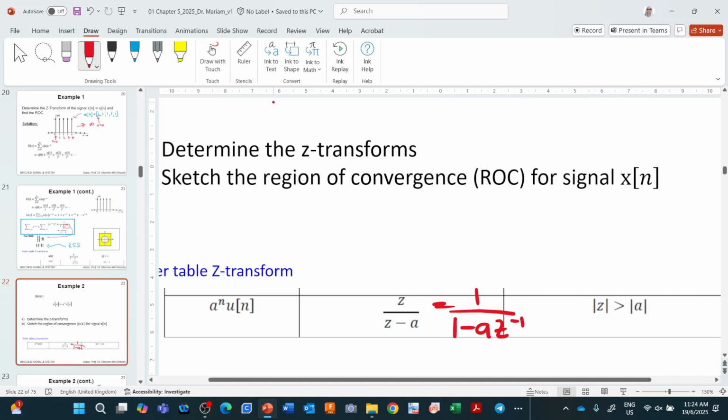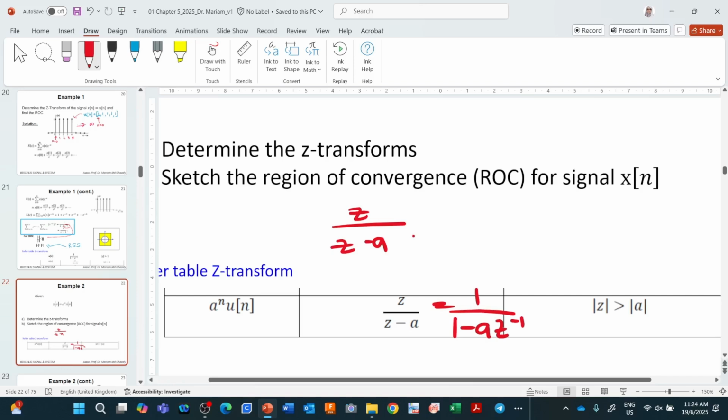Same thing. How do you convert this? Okay, so basically, from this Z over Z minus A. If you see in the table for Z transform in the Ulearn, I gave you two types of table. One is this one, another one is this one. So either one is the same thing.